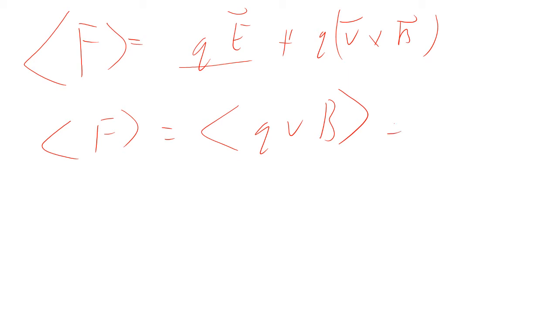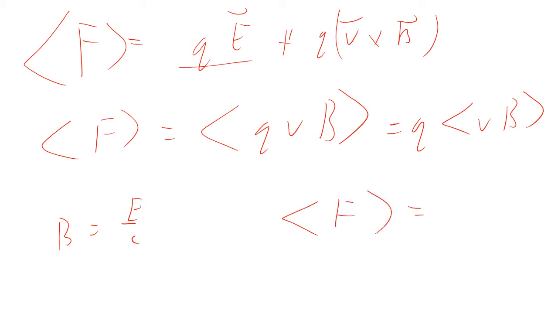Well, the Q comes out, so Q average of VB. Okay. Well, we think about that, and we know that B is E over C. So the average force is going to be equal to Q over C average of VE. But the average VE is going to be the RMS VE.